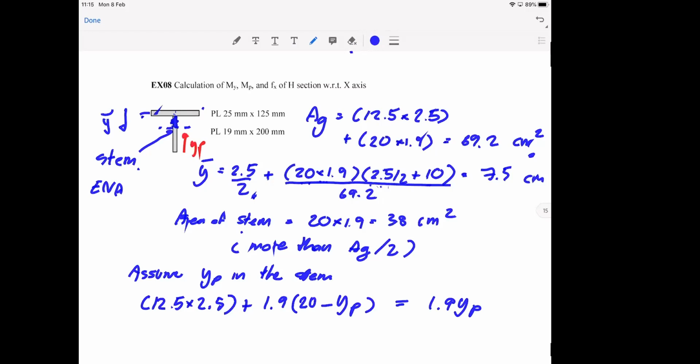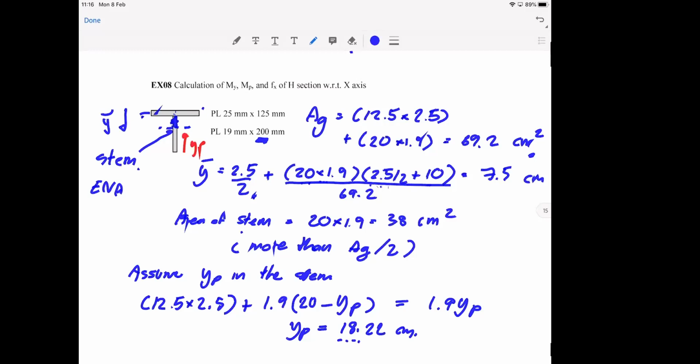We can solve this, and you get Y_P equals 18.22 centimeters. You should go back and check, and you see that my Y_P is less than the length of the stem, which is correct. So that's it. You now know where your Y_P is.